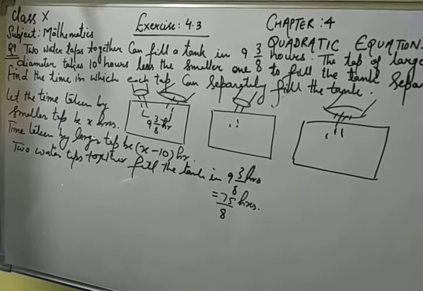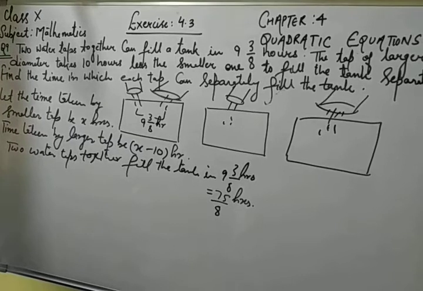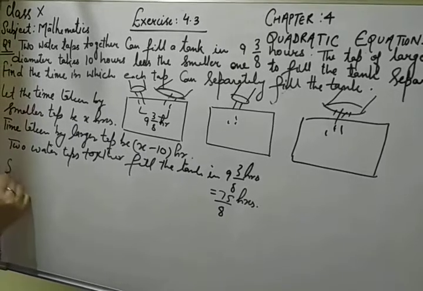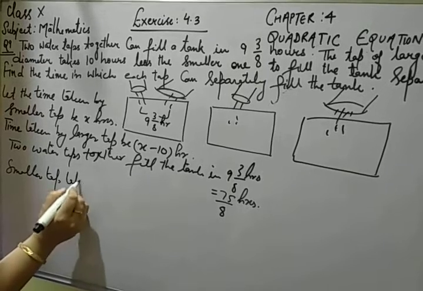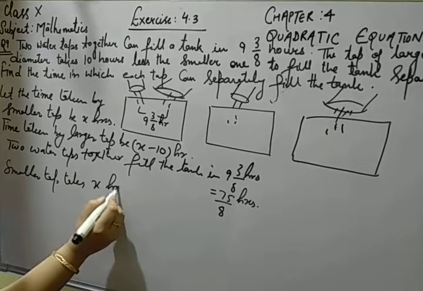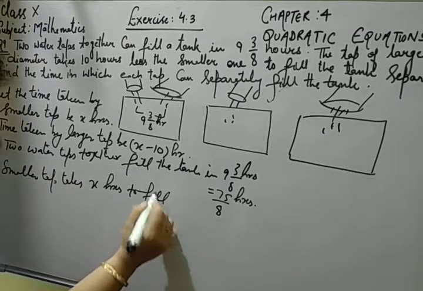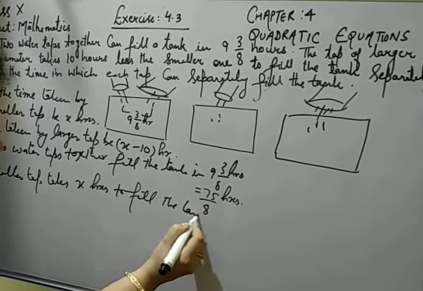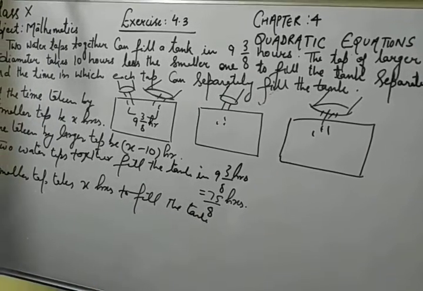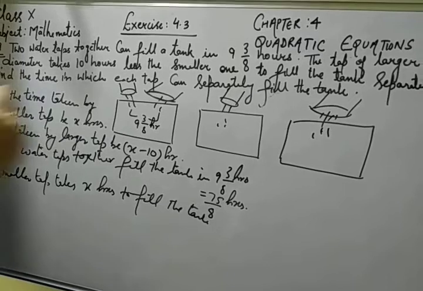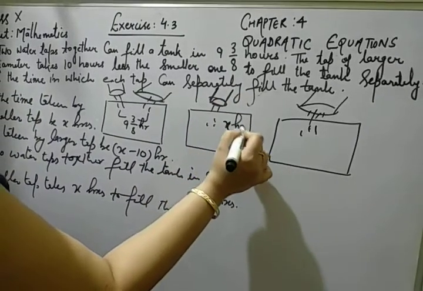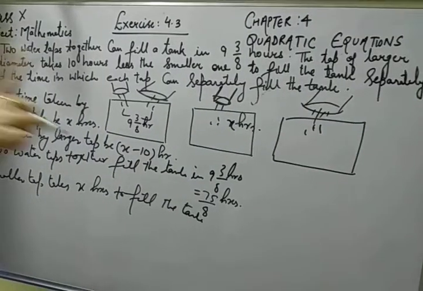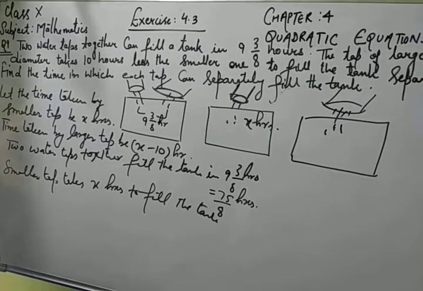Now, if the smaller tap takes x hours to fill the tank, right? अगर x hours में वो टैंक को फिल कर रहा है, ये जो स्मॉलर टैप है, तो ये 1 hour में कितना टैंक फिल करेगा?